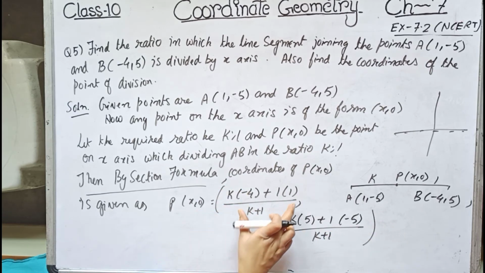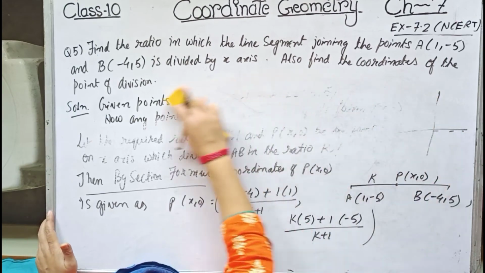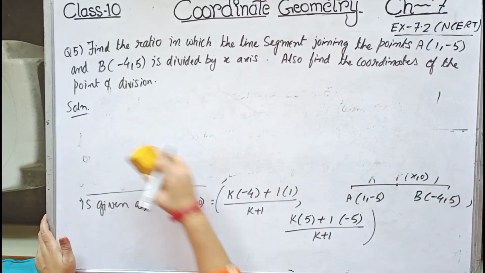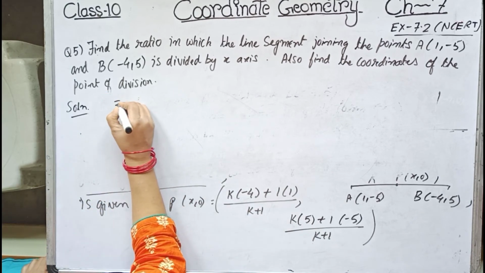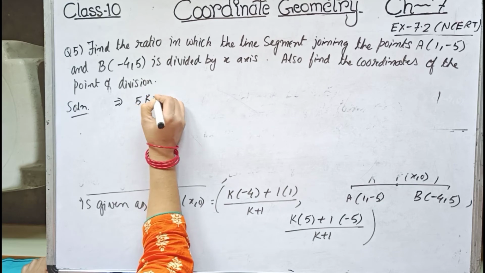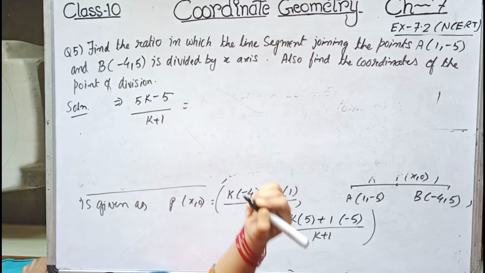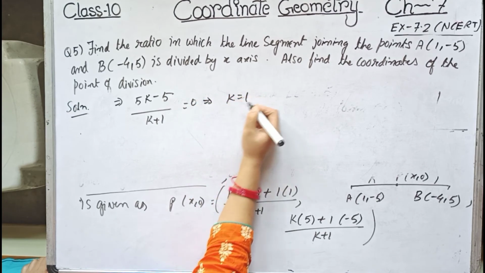Now this one is represented by x and this one by 0. So we can equate the y coordinate, because the y coordinate is 0 over here, and we have to get the value of k. So this implies (5k minus 5) by (k plus 1) equals 0. This implies k equals 1.